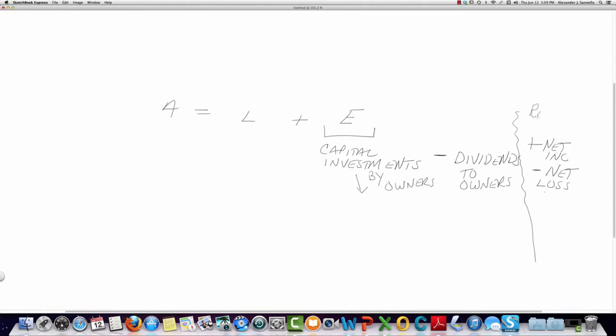So when we look at revenues minus expenses, that's going to be equal to a net income or a net loss for the year. Capital investments are not revenues. Dividends are not expenses.